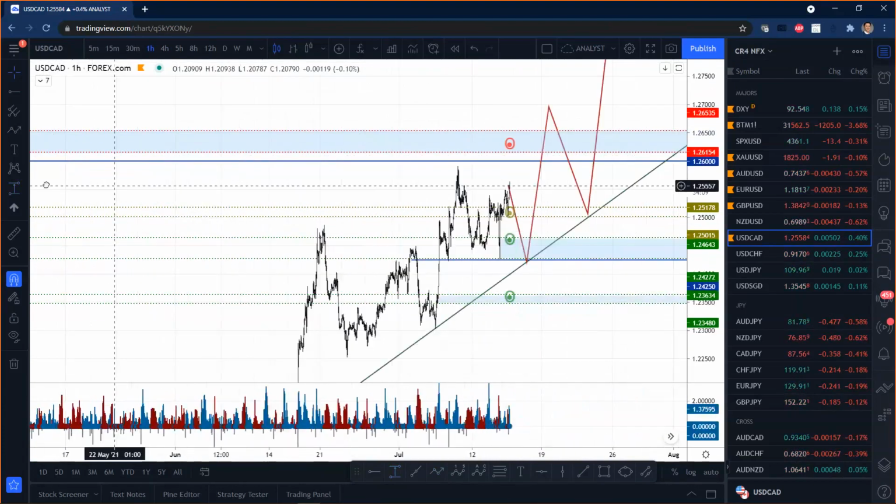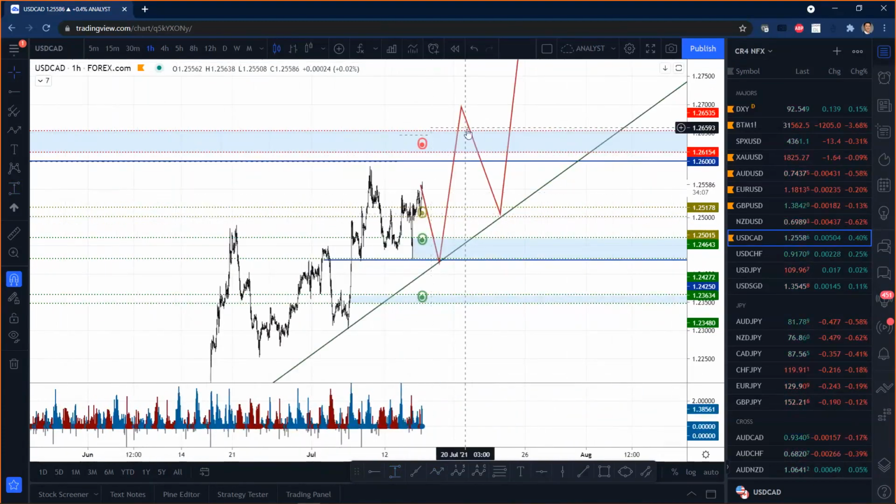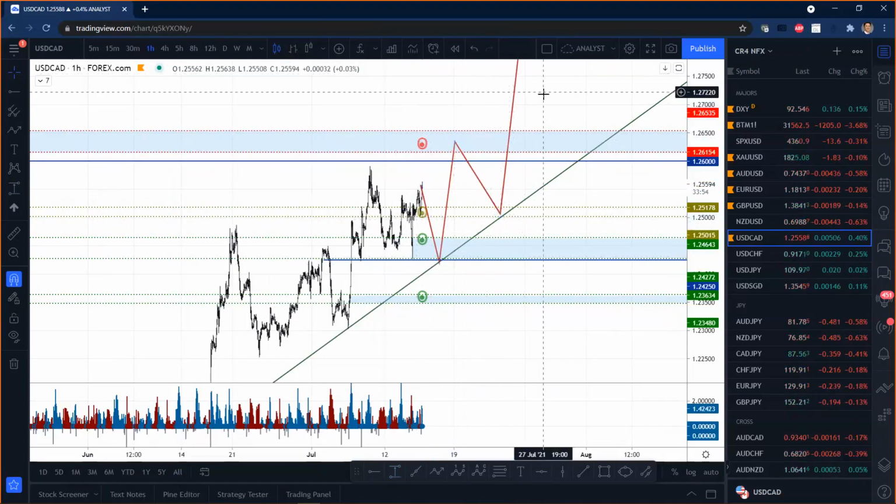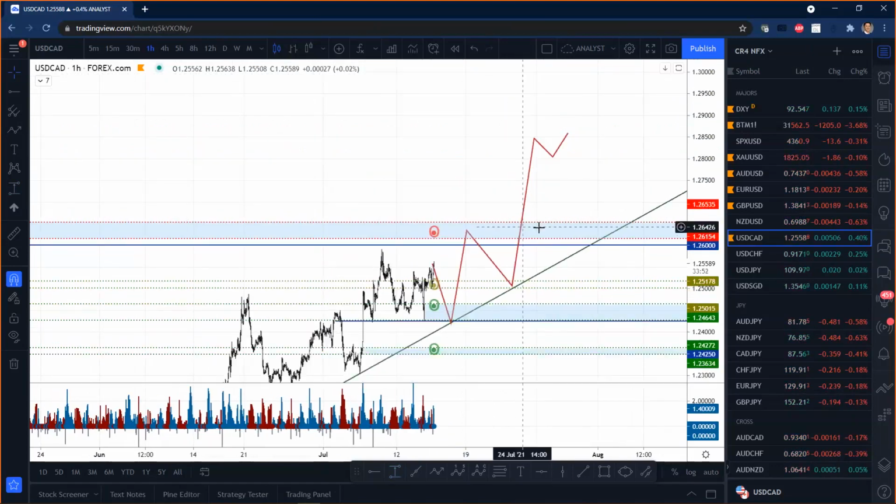And so the question is, as we move up to this area, are we going to react down, or are we going to see this price react, come back down, and then one more push higher to break that 126.50 level? Okay.